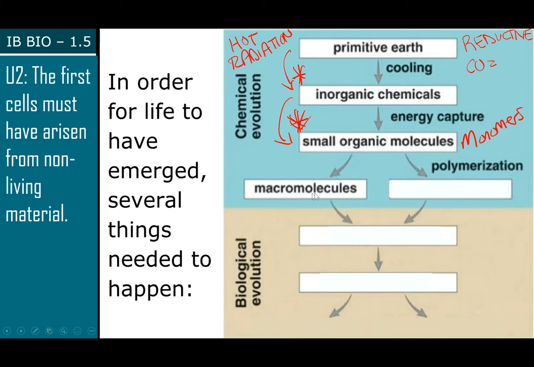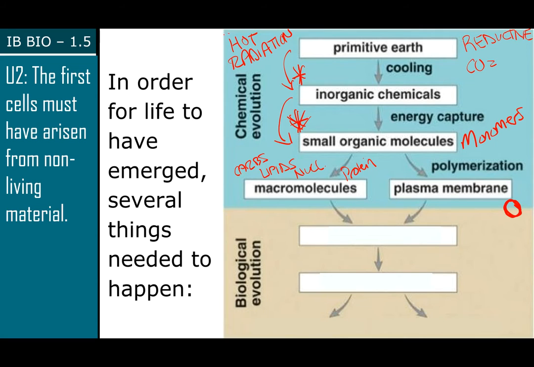So we get our macromolecules: carbs, lipids, nucleic acids, and proteins. And we also form the plasma membrane. So we know that if you stick a bunch of phospholipids in water, they'll automatically form that membrane structure.